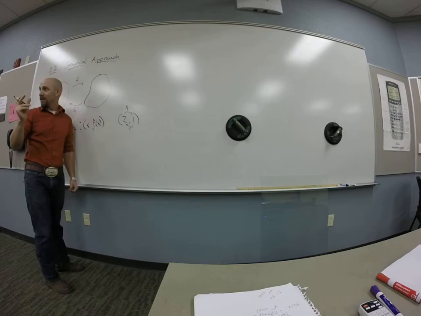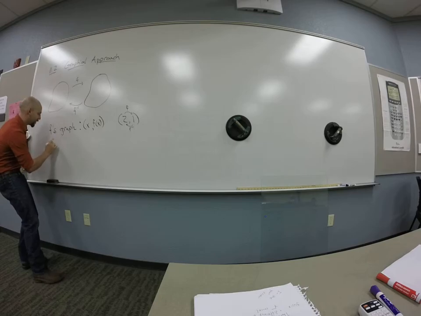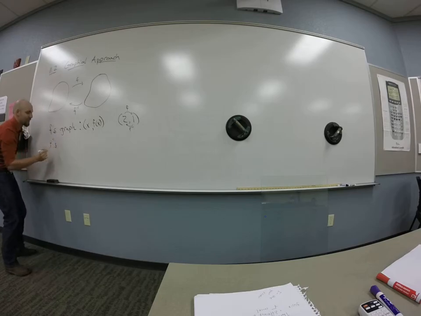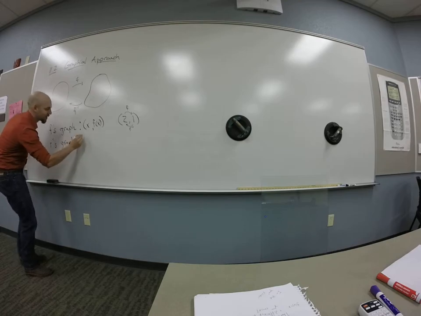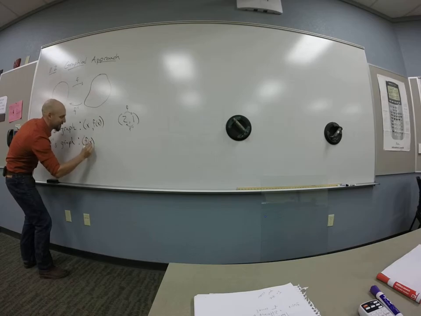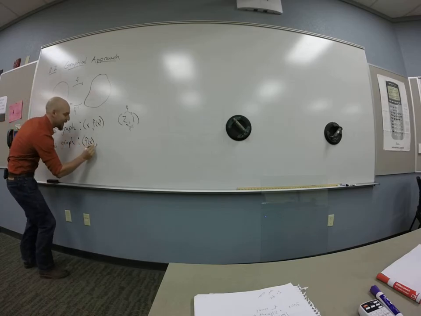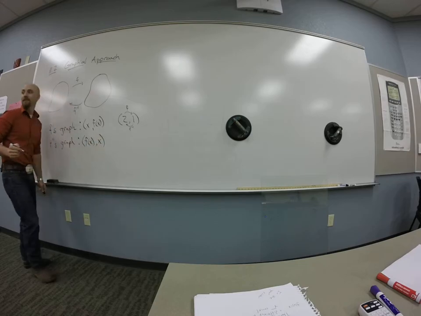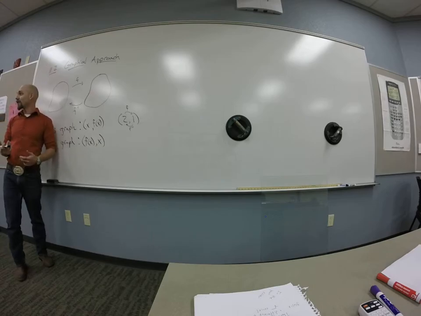You guys see that? So my graph for f inverse is going to look like (f of x, x). If I input f of x, I get x back out. Okay, so this gives me a scheme for drawing the graphs of inverse functions.